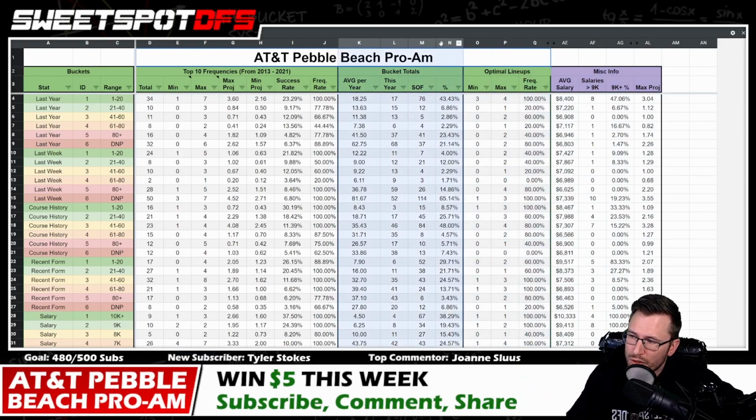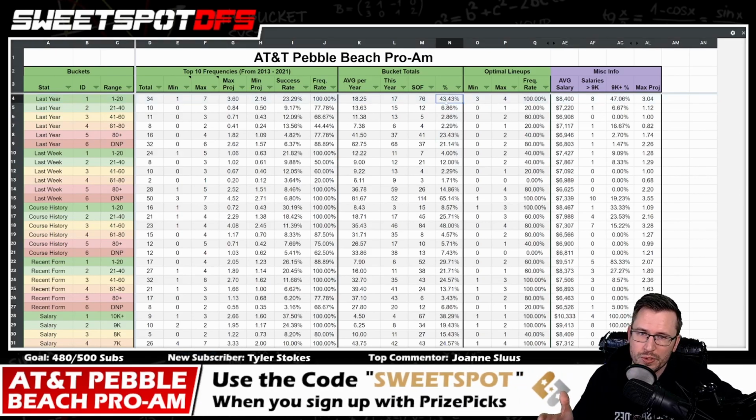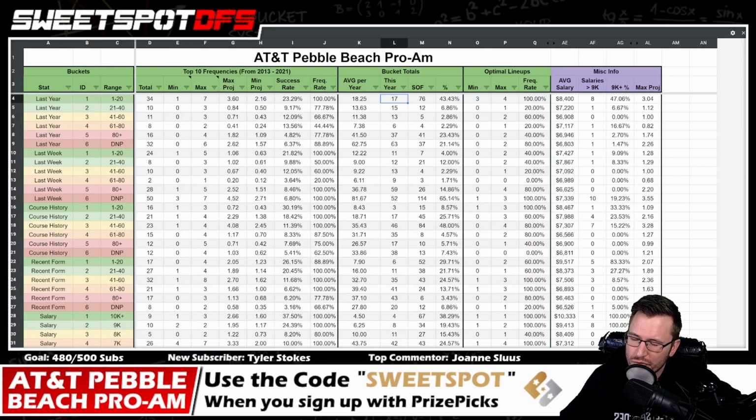We're looking at bucket totals: how many golfers are in that bucket versus what we see on average every single year, the strength of field points that are going towards that bucket, as well as the percentage of points as a whole that the tournament provides. So last year, one bucket, you can see 43% of the strength of field points go towards this bucket, which just increases the projection because it's a high quality bucket based off the strength of field points. And of course, when there aren't a lot of golfers in there, it just proves that it's probably a bucket you want to choose from.